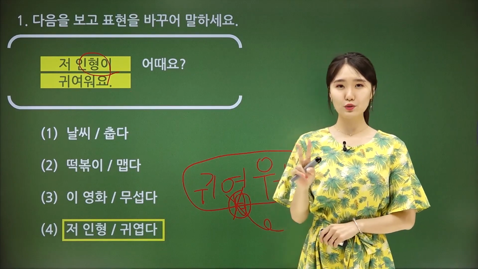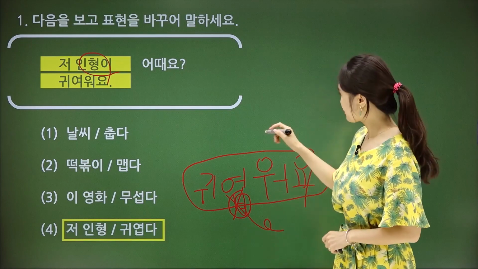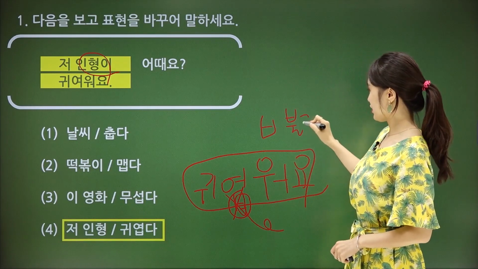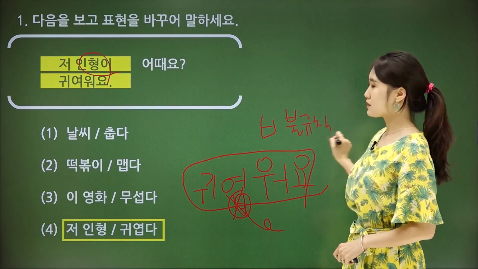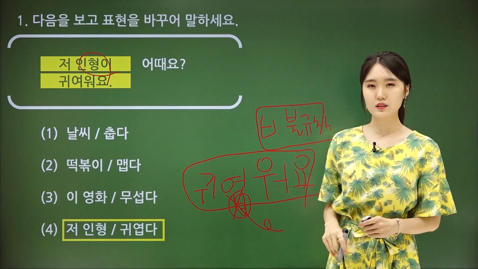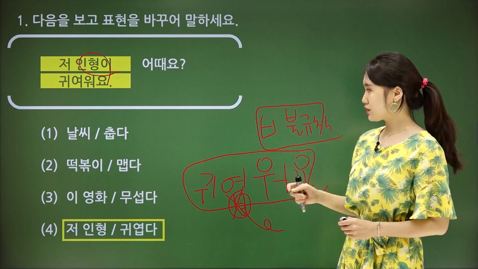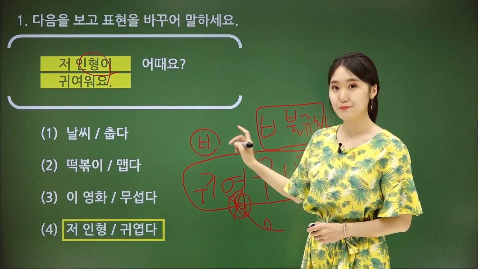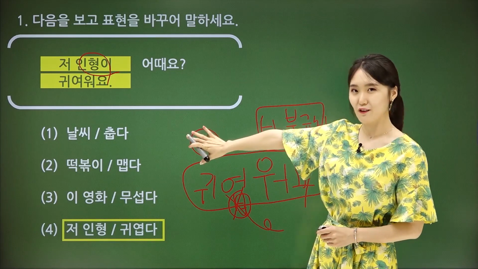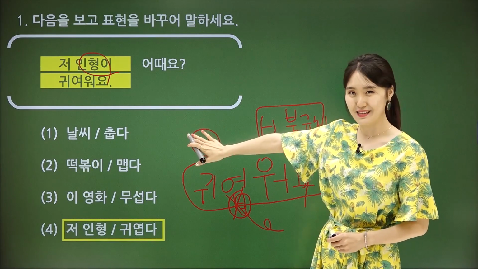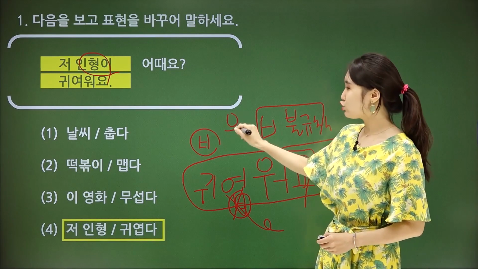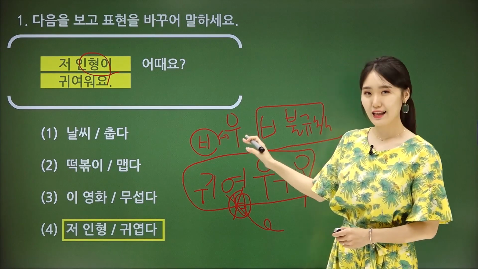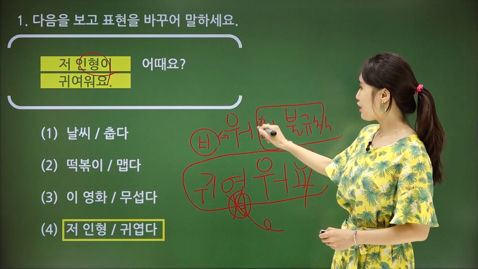So we learned two grammars. First one and 부 irregular. Was this really hard? It's kind of confusing, but just remember if it ends with 부, 받침 부, you just take this off. Don't see this 부. You just put 우 in. Change them. 우, and you insert 어요.